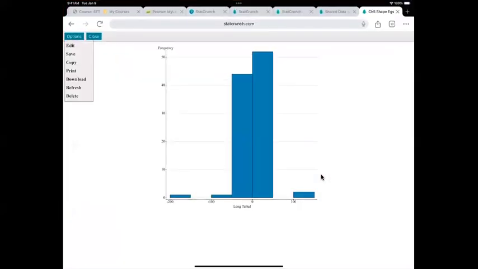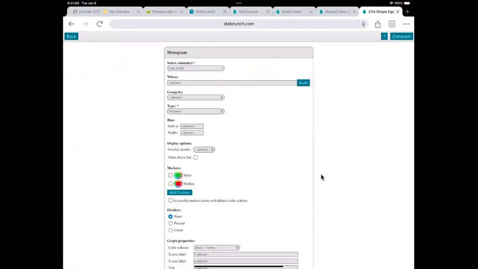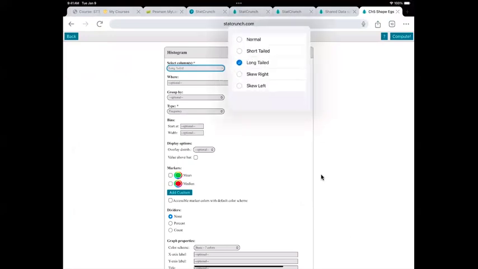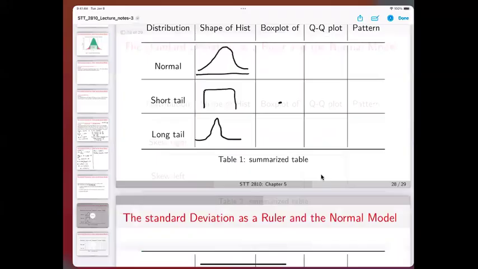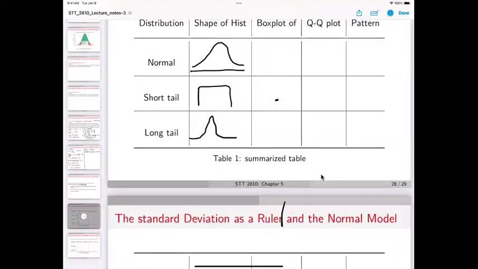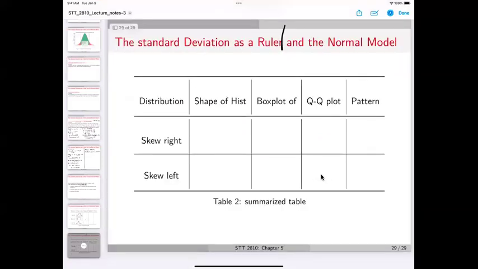Same thing, options, edit. My interface is different from yours, but yours should be easier than mine. And then I go to the right skewed. We hit compute. You see how the right skewed looks. You see the tail is to the right. So the right skewed is like this.